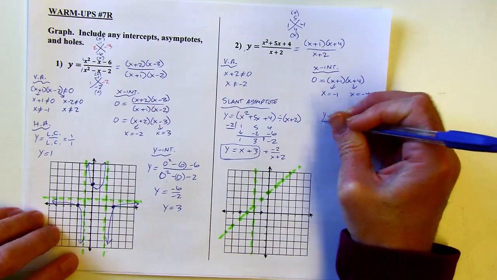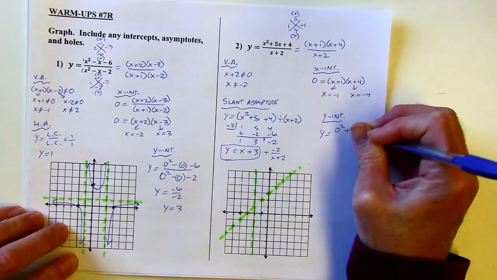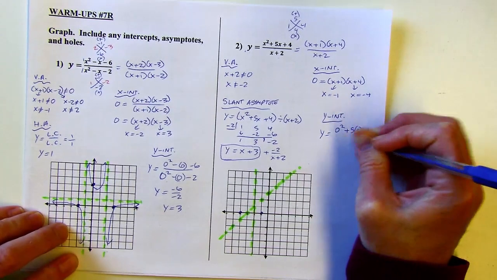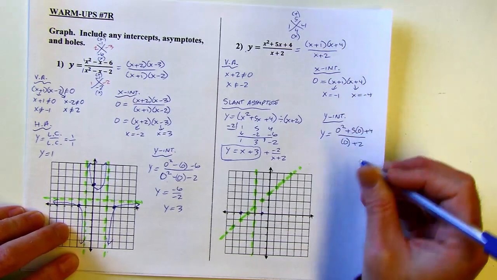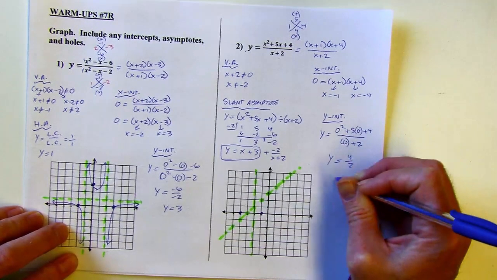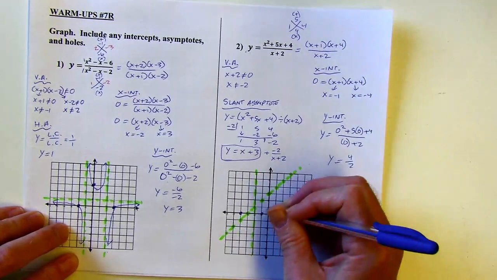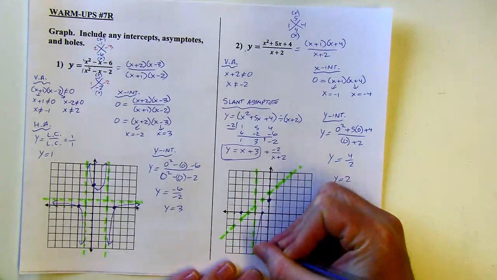So y-intercept, I'm going to plug in 0 for x. Okay, and all that's left is the 4 and the 2. So y equals 2. Okay, and then hey, I've got a pretty good idea of what this curve looks like.